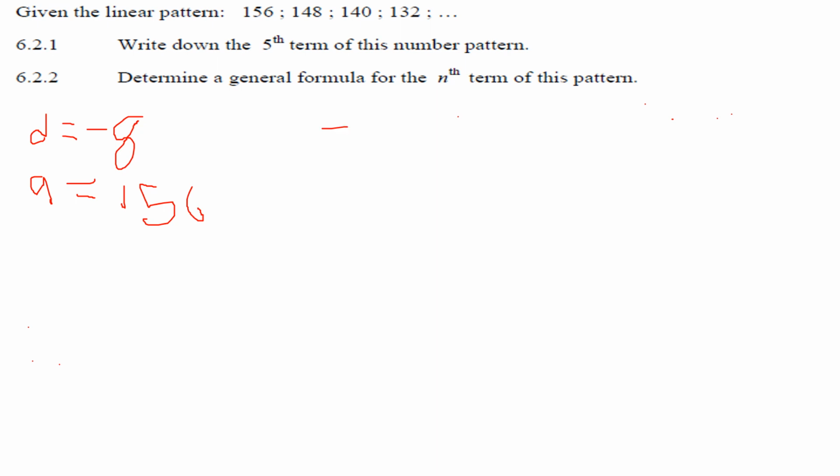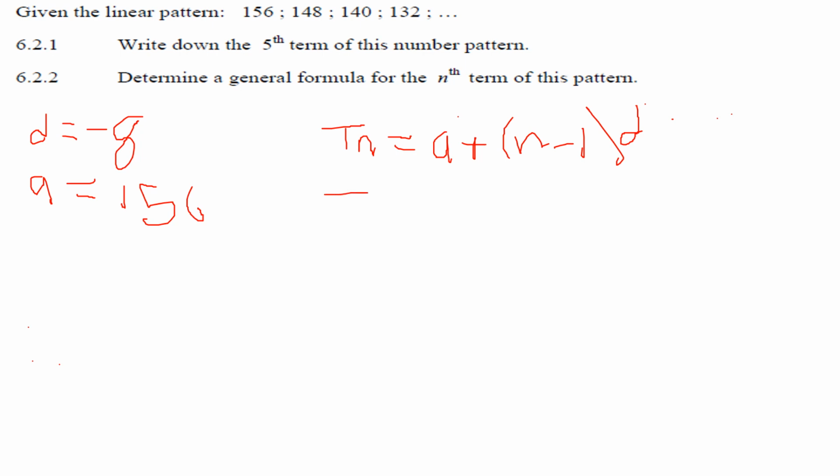Remember, the general formula for an arithmetic sequence or a linear pattern is given by Tn is equal to a plus n minus 1, all multiplied by d. For us to determine this general equation, we just have to have the value of a and the value of d. So now we have both.